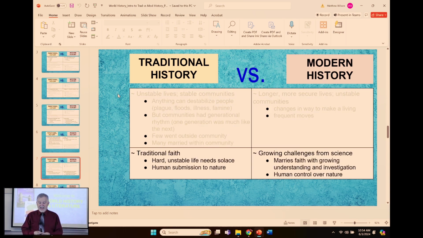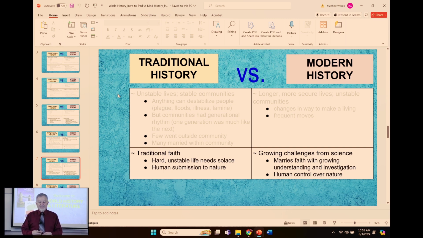Traditional faith, like we said, traditional faith was hard, unstable life needs solace. And what I mean by that is, if life is rough and you have no way to fix it, to resolve it, it lends itself to the need or the dependence upon some higher power, something that you can reach out to, some hope that allows you that solace, that peace, that, hey, it's going to be okay, life is going to get better.